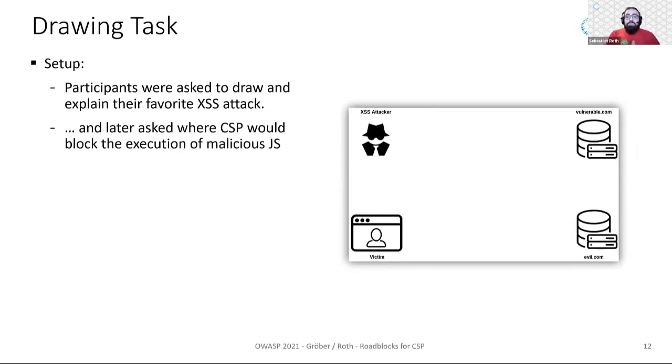And we then asked the participants to draw and explain the process of a cross-site scripting attack of their choice, and then afterwards to say where CSP would block this attack from happening. The result of this drawing task allowed us to get a better understanding of the participants' mindset about cross-site scripting and CSP.